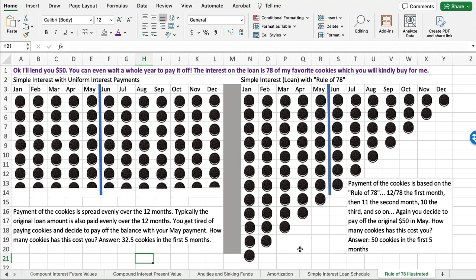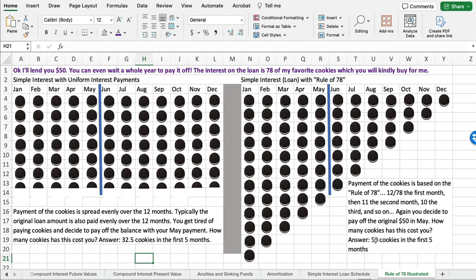You pay me that interest. You agreed to the terms of the loan, so you will not get those 50 cookies back, even though the loan hasn't even reached the 6th month. We haven't even gotten halfway through the year. And you end up paying me much, much more than half the interest under the rule of 78.